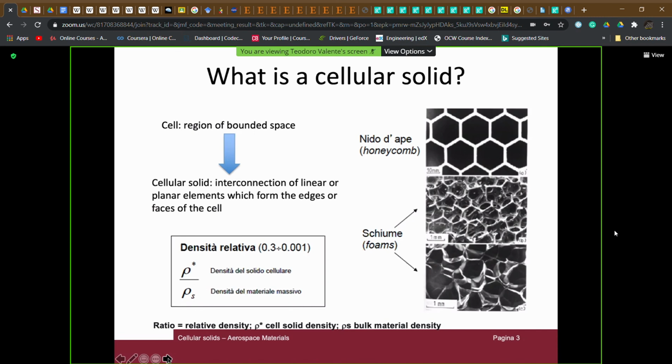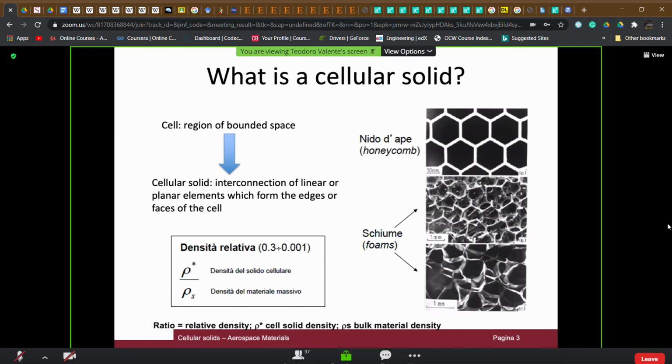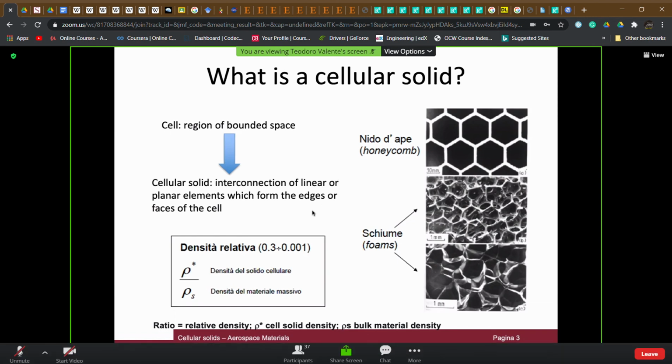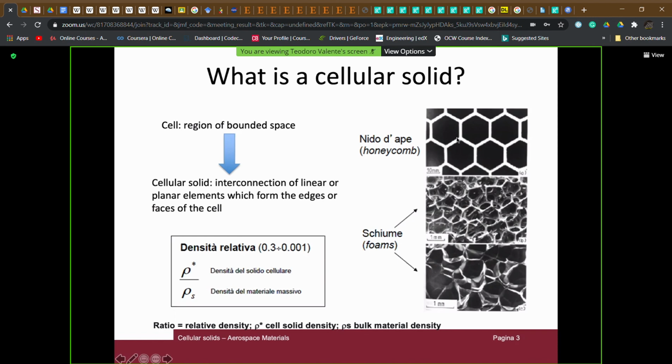So cellular solids are materials composed of cells, which are a region of bounded space, and which can be considered as an interconnection of linear here, or planar, if you go inside the picture, elements, which form respectively linear elements, that is lines which converge in a point, called edges, or the planar elements, if you go through the slides, which are also called faces.